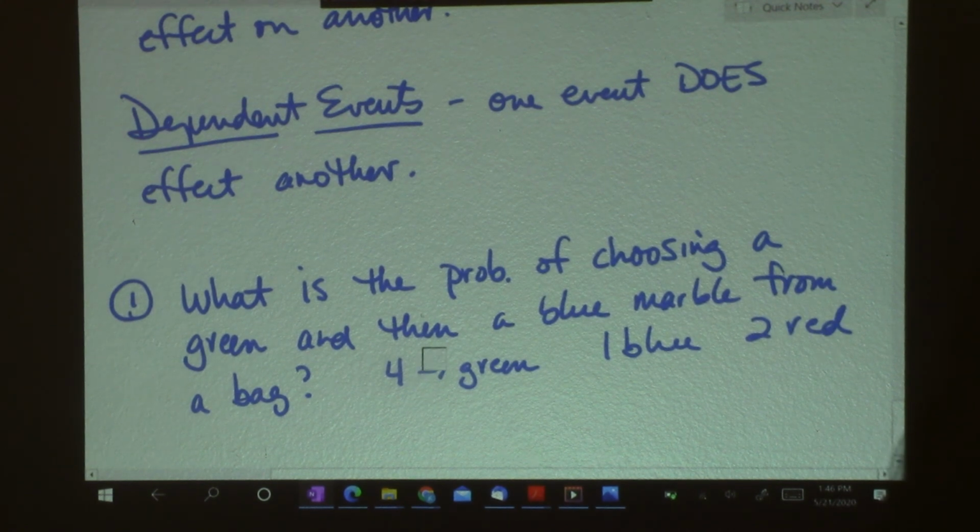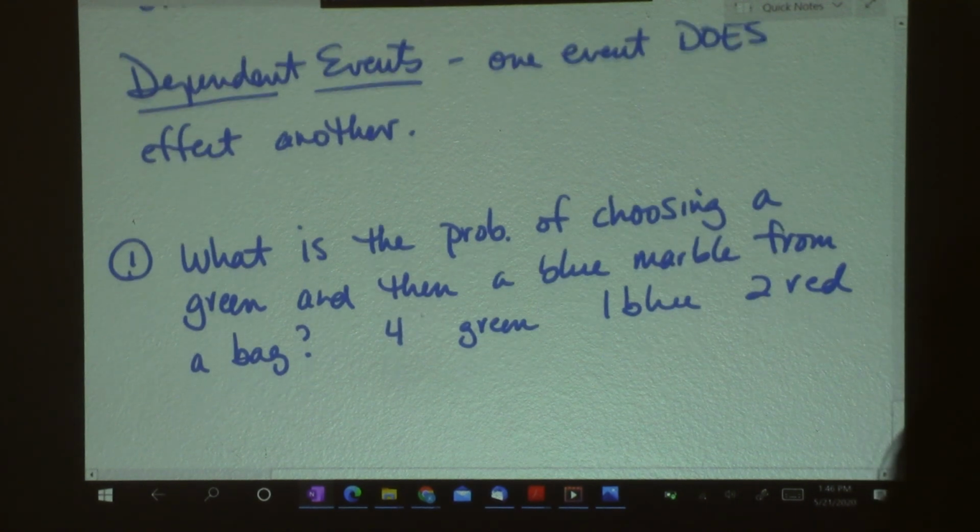Okay? So that's what we have. 4 green, 1 blue, 2 red.